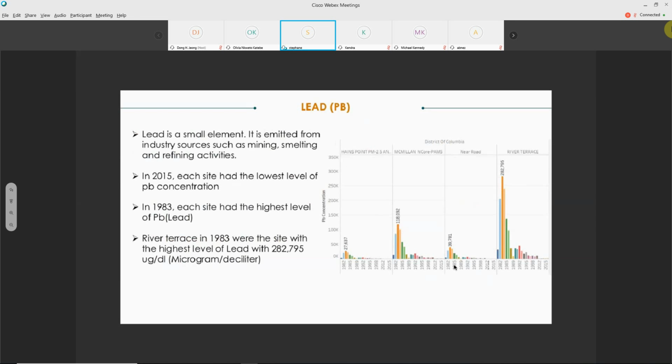In Nero, the highest was 39. In River Terrace, the highest was 282. So, like I said, River Terrace in 1983 was the site with the highest level of lead, with 282.795 micrograms per deciliter.